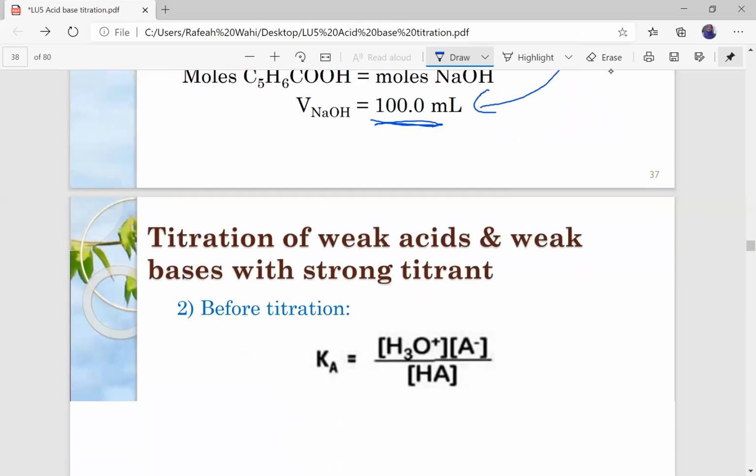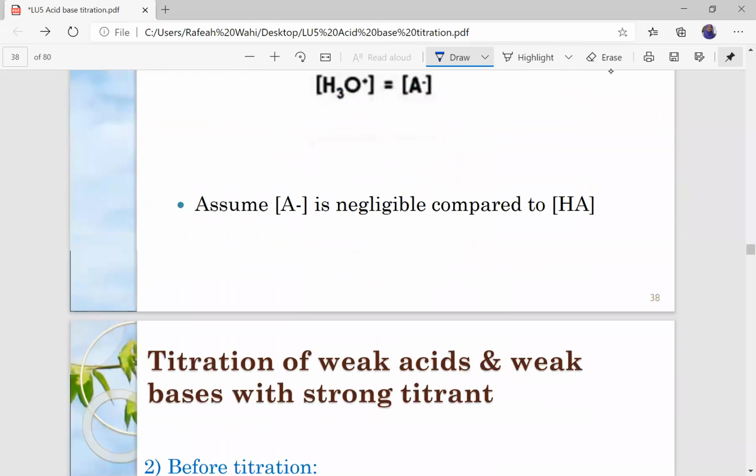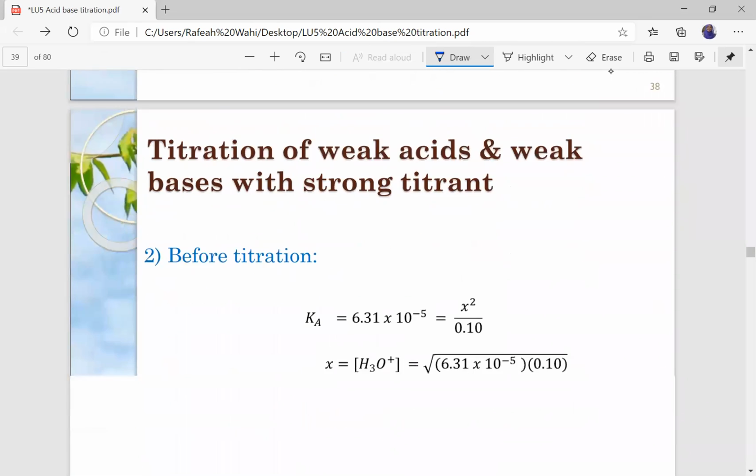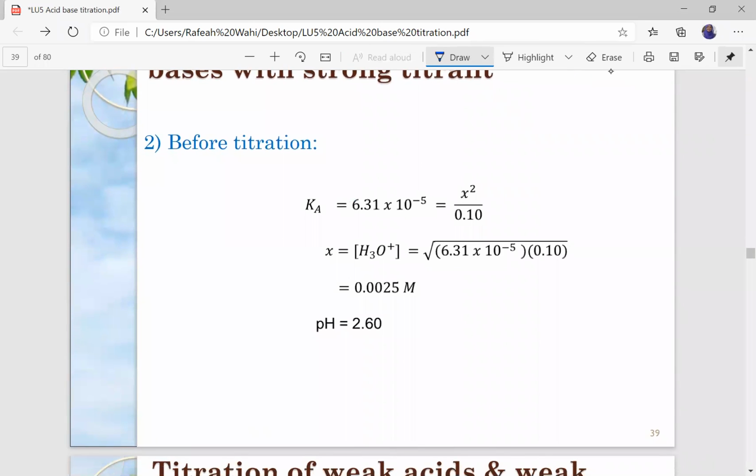Before titration, because you are starting with weak acid, which is the benzoic acid, you start with Ka. The purpose of the Ka expression is for you to get the concentration of hydronium ion. Now, this is how you calculate it.